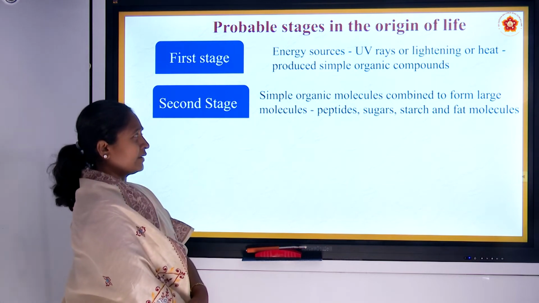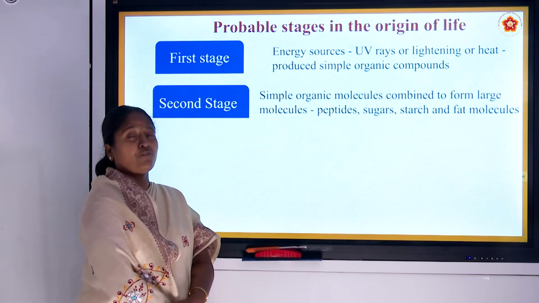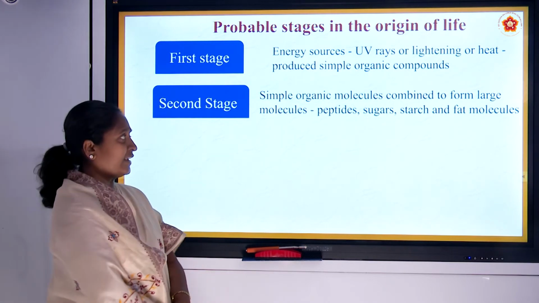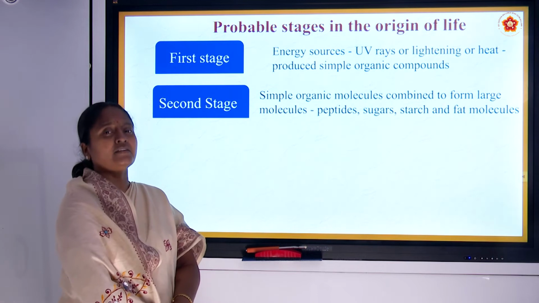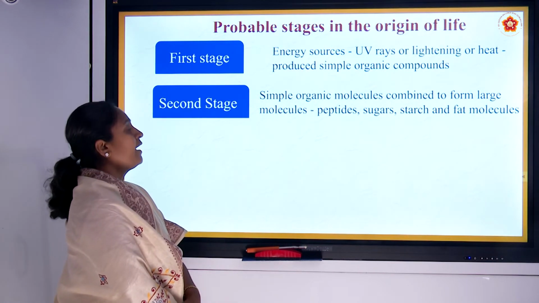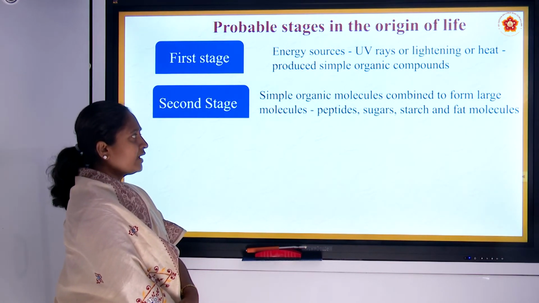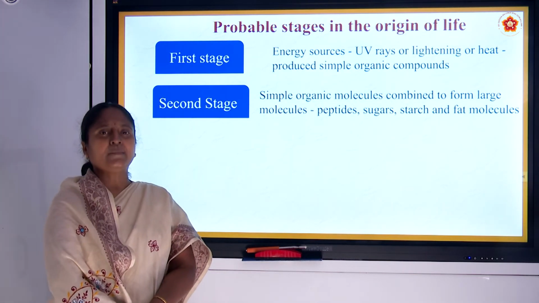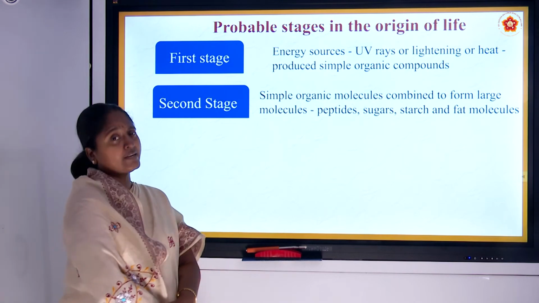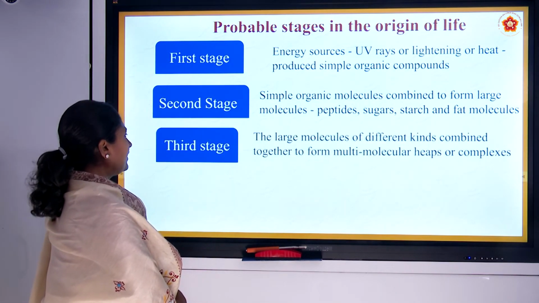The simple organic compounds which were formed in the first stage combined to form bigger and larger compounds. They are known as peptides, sugar, starch and also fat molecules. So, somewhat bigger complex molecules started forming. Then we have the third stage.